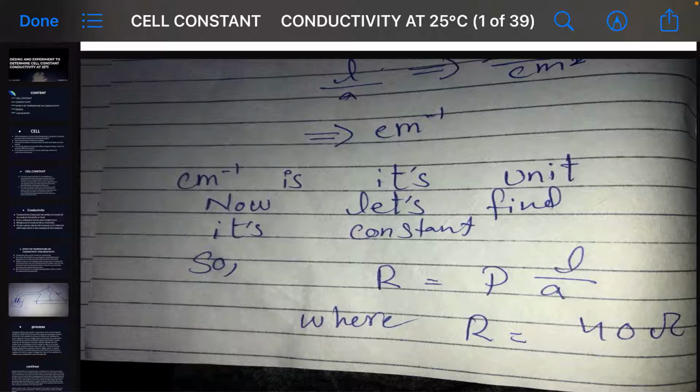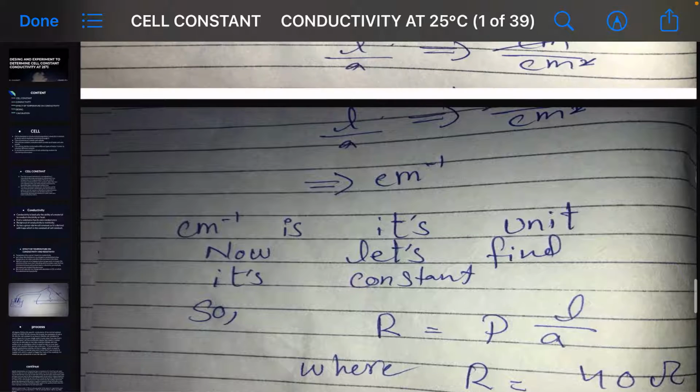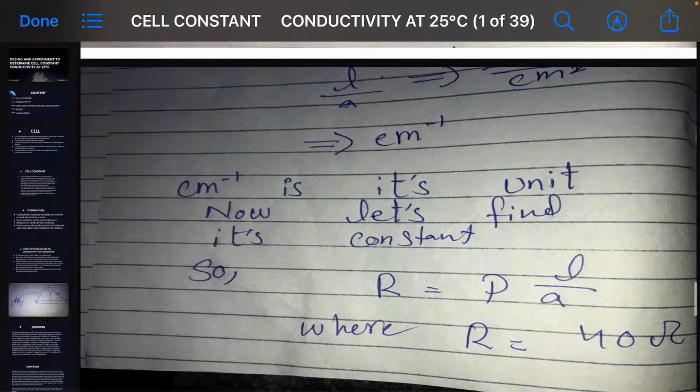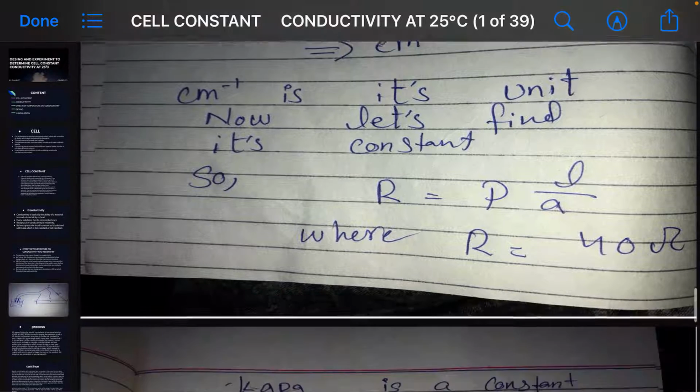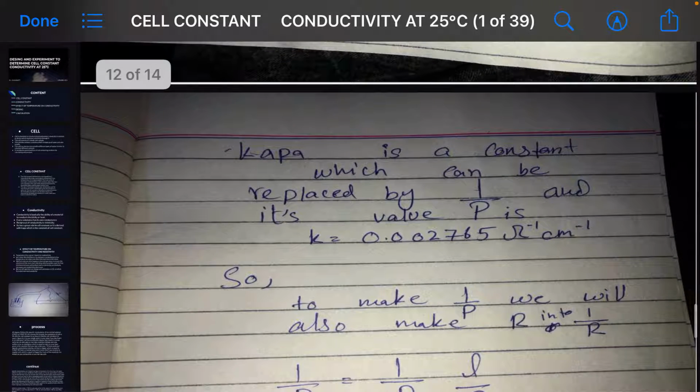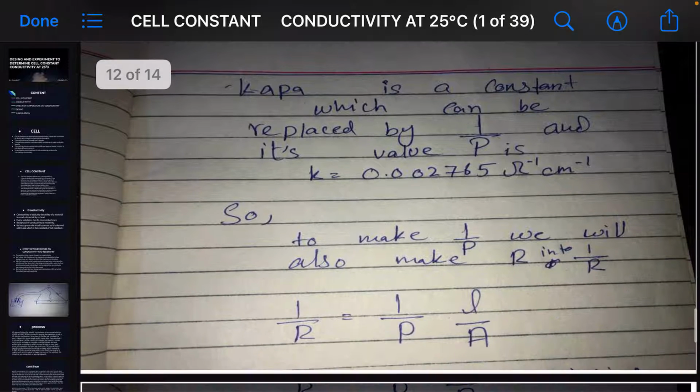Now let's find out the cell constant. Before starting, R is equal to rho L over A. We can also write it as B, but we'll write it as L over A to demonstrate it with more definition. So let's talk about the values that we have in our possession.